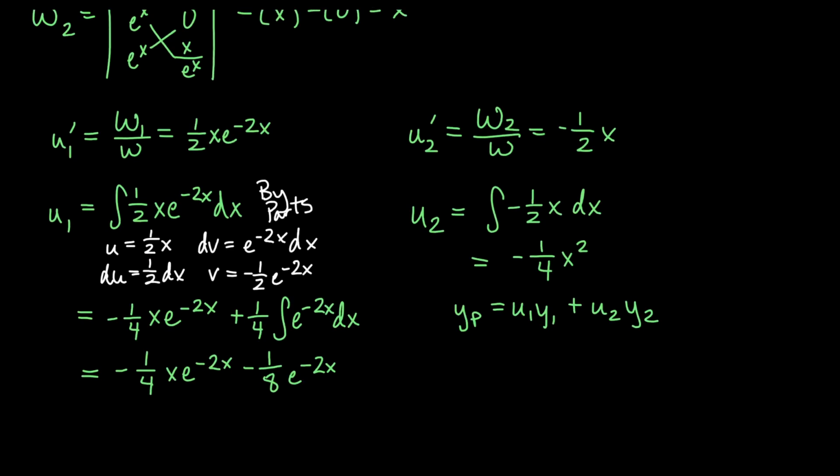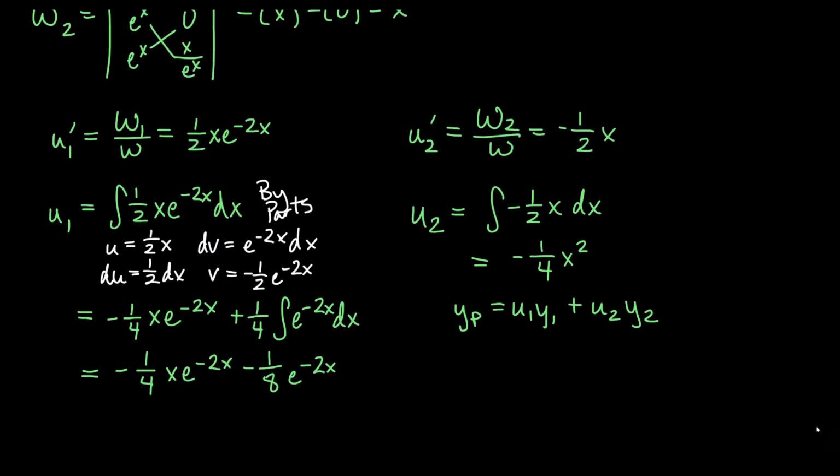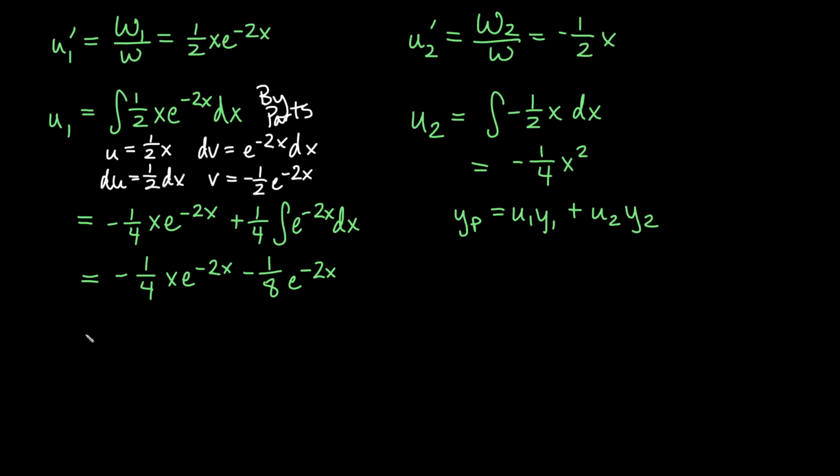Now if you get to this point and you forget what your y1 and y2 are, remember you can always just go back to your complementary function. Here our y1 was e to the x, our y2 was e to the negative x. We'll give ourselves a little bit more room here to write y sub p. So y sub p is going to equal all of this u1, negative 1/4 x e to the negative 2x, minus 1/8 e to the negative 2x.